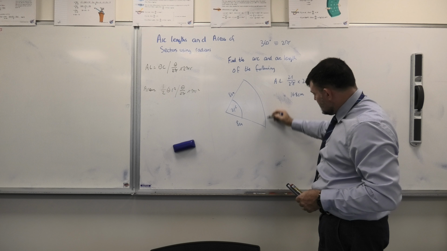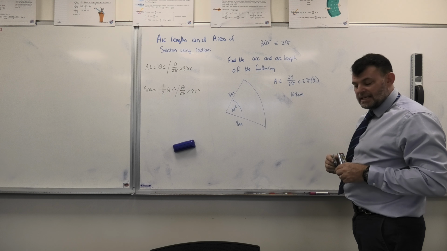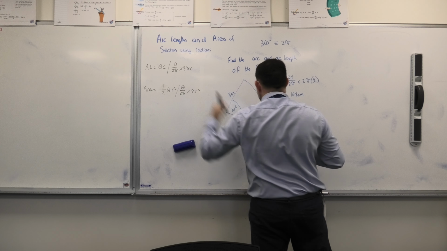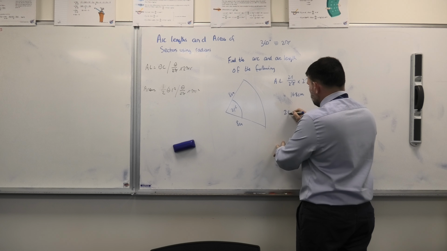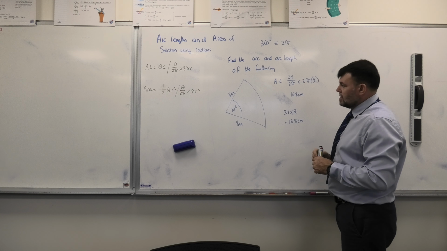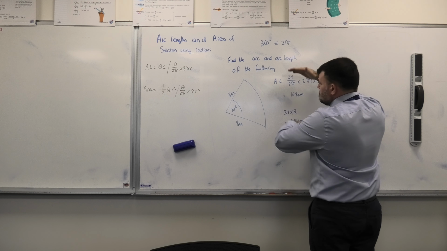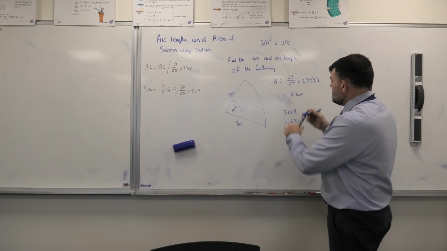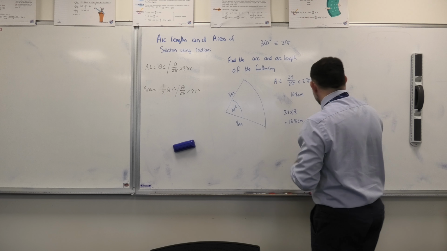So the length of this here is 16.8 centimeters. If we did it the other way, well, this here just becomes 2.1 times 8, which again is 16.8 centimeters. So it really doesn't matter which method you're using, you're going to get that same answer. So this here was the arc length.